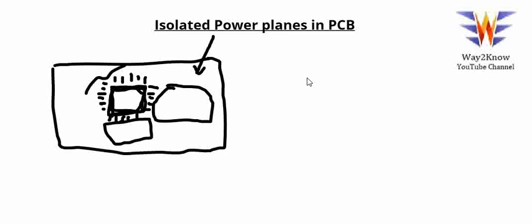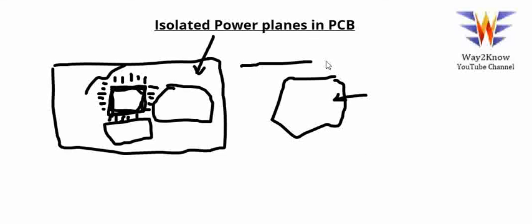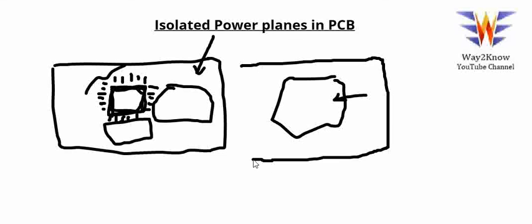Generally, how do we do this? Let us assume this is the plane. To this plane, definitely we will have power, right? Underneath this plane, you should definitely have a ground plane. Let us assume this is the immediate layer.